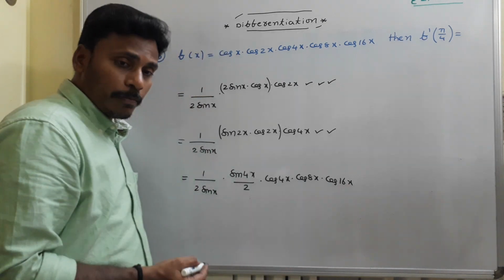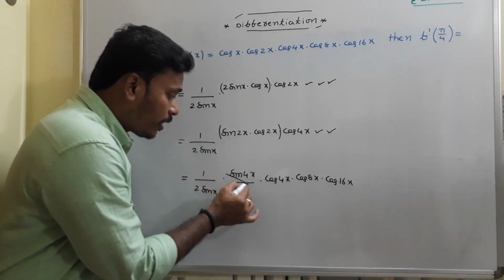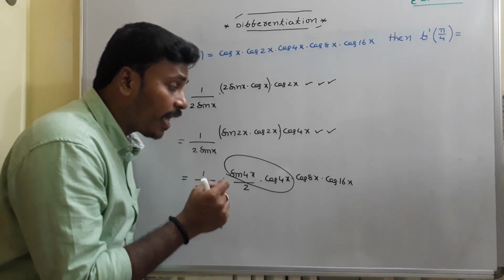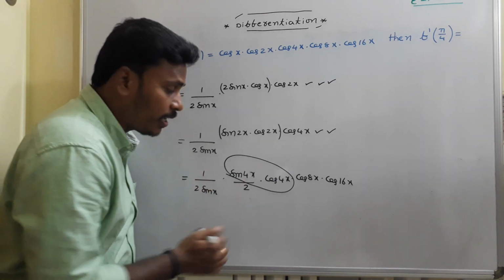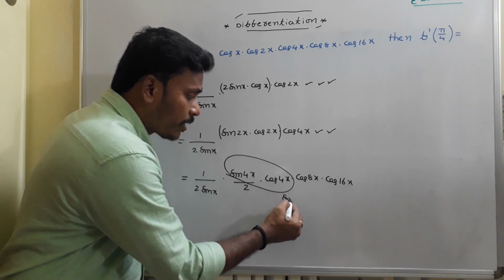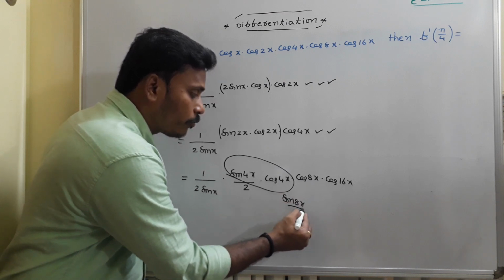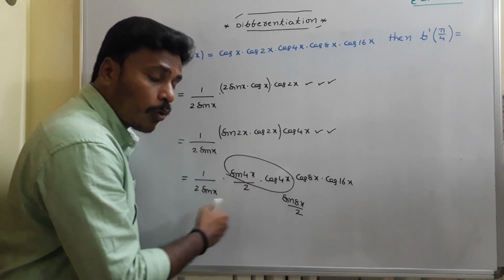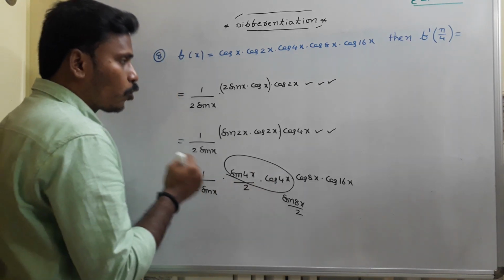So further we need to simplify. Further, this sin 4x into cos 4x is simply sin 8x by 2. What I am saying is, this part is sin 8x by 2. So after writing this part as sin 8x by 2, what do we have? 2 into 2 into 2, 2 cube.